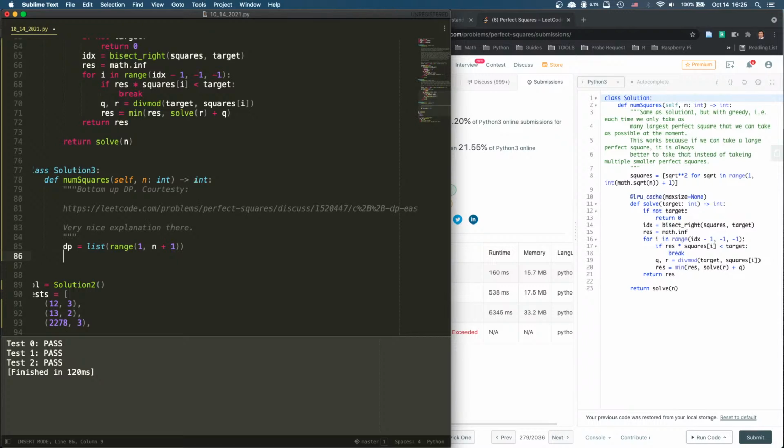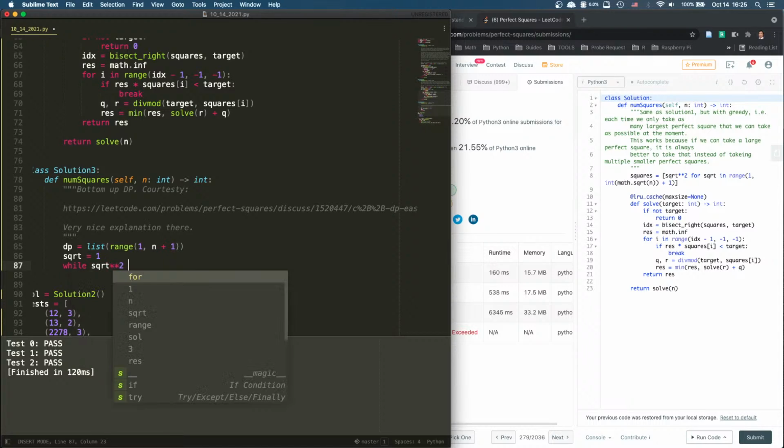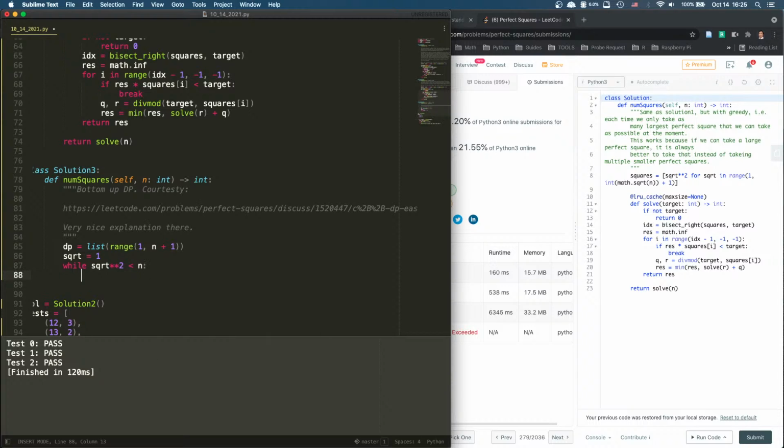what we're going to do is, SQRT is going to start from 1, right? I'm going to say while SQRT is smaller than n, smaller or equal to n actually. If it's smaller or equal to n, that's where you just keep going, keep going, keep going. We're going to find the last one. Right?